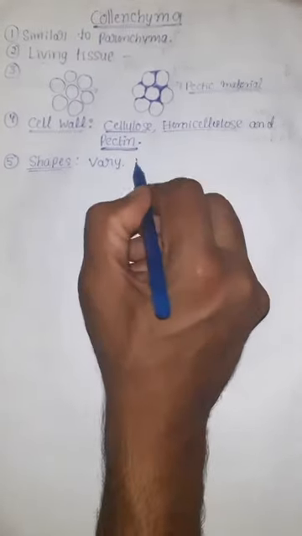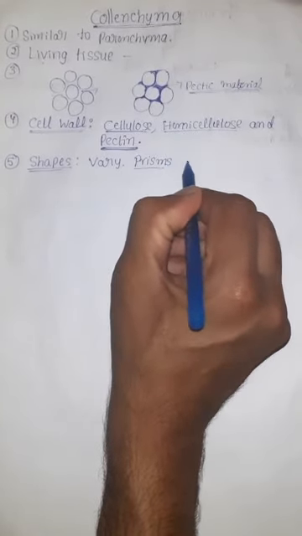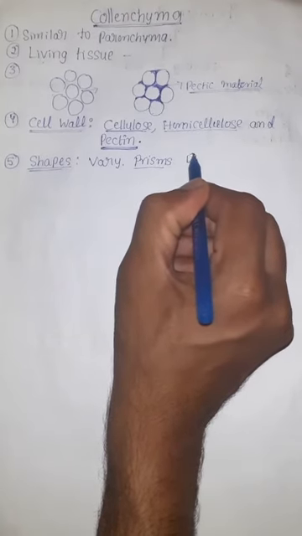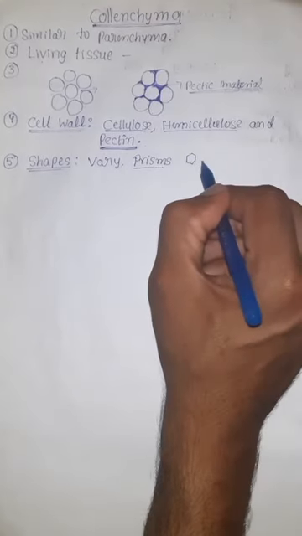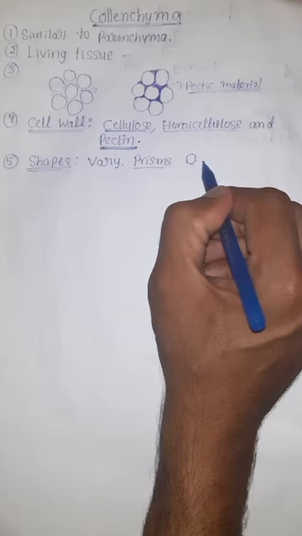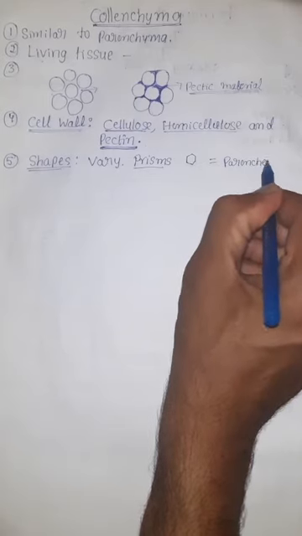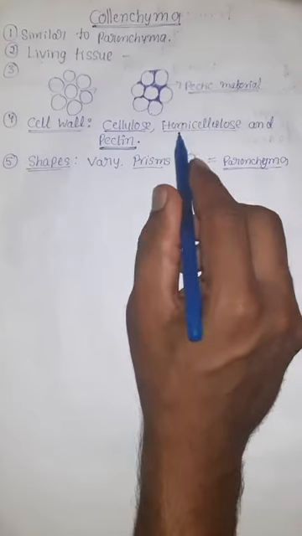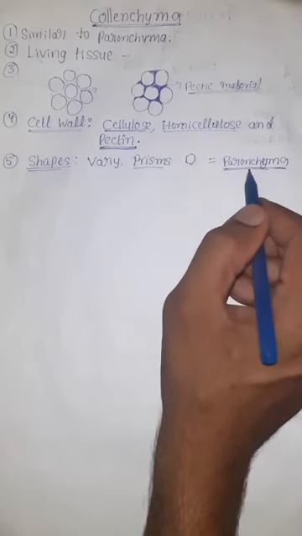But in general, they appear like prisms, having planes. Otherwise, the shapes are almost equal to parenchyma. The shape of collenchyma is very similar to parenchyma.